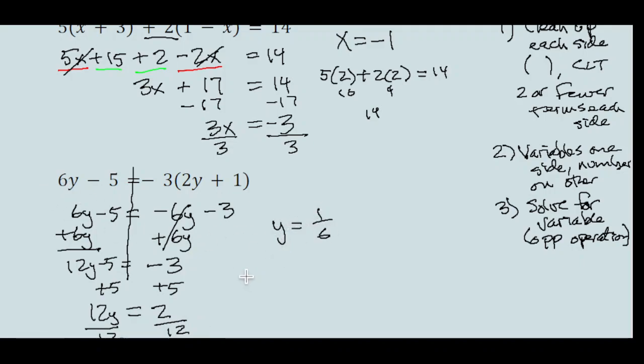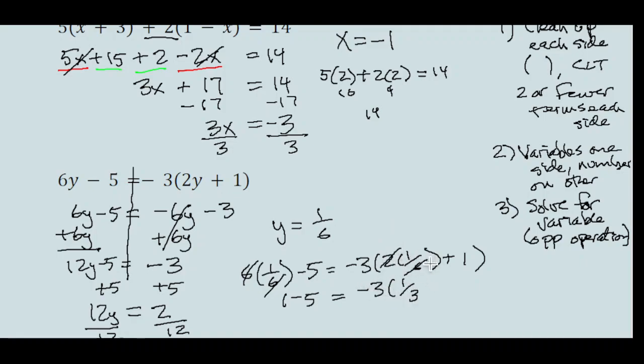If we put this back in, you get 6 times 1/6 minus 5 should be equal to -3 times 2 times 1/6 plus 1. All right, so let's clean this up. So that's 1 minus 5 over here, because those cancel. And then 2 times 1/6 is 1/3, right?